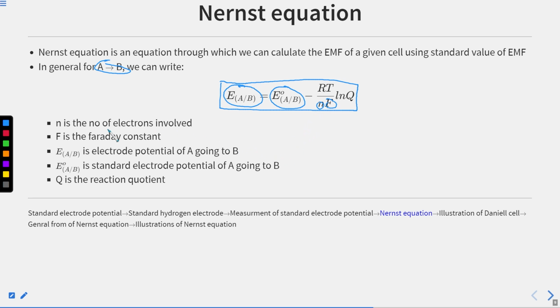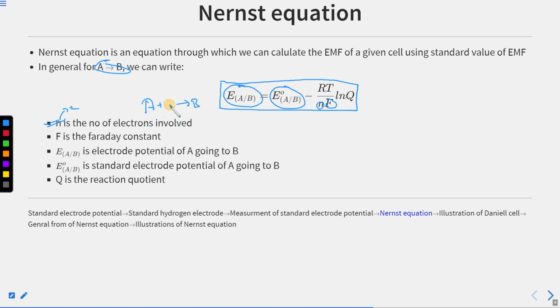So n is the number of electrons involved. It is just the number of electrons involved. You do not need to worry about whether electrons are being lost or gained. You just have to see how many electrons are involved. Suppose going from A to B, 2 electrons are involved. Suppose A is taking 2 electrons and going to B. Then n will have a value of 2.